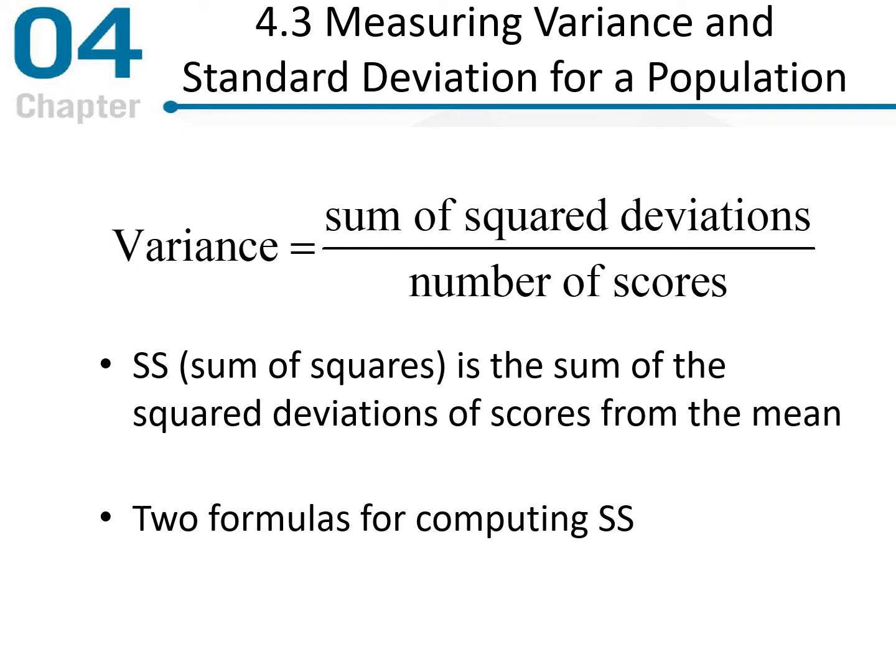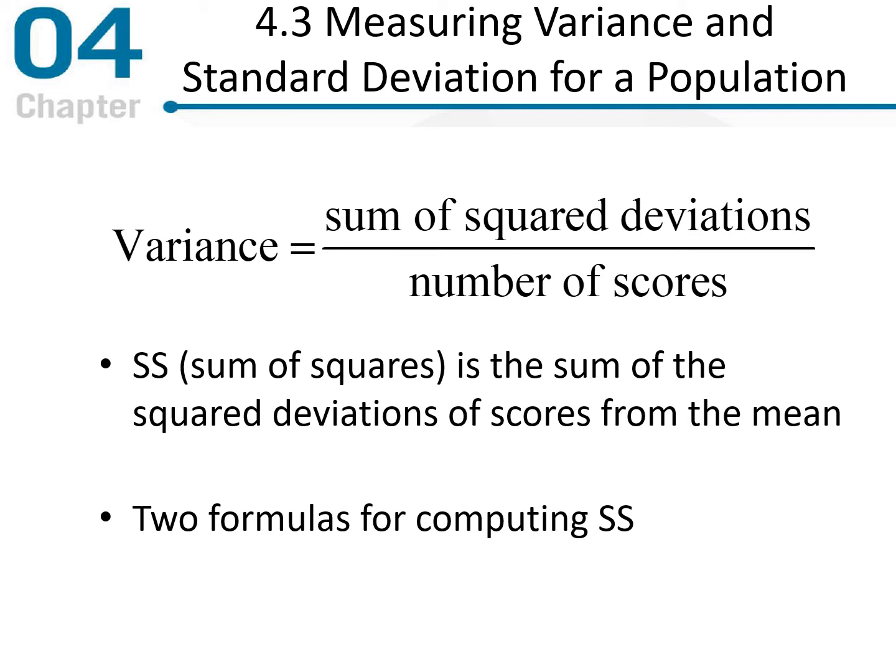It's the academic way of understanding how the variance and standard deviation are derived: taking each score in the distribution, subtracting the mean from it, and then squaring those deviation scores. That is the concept of deriving the variance and standard deviation.